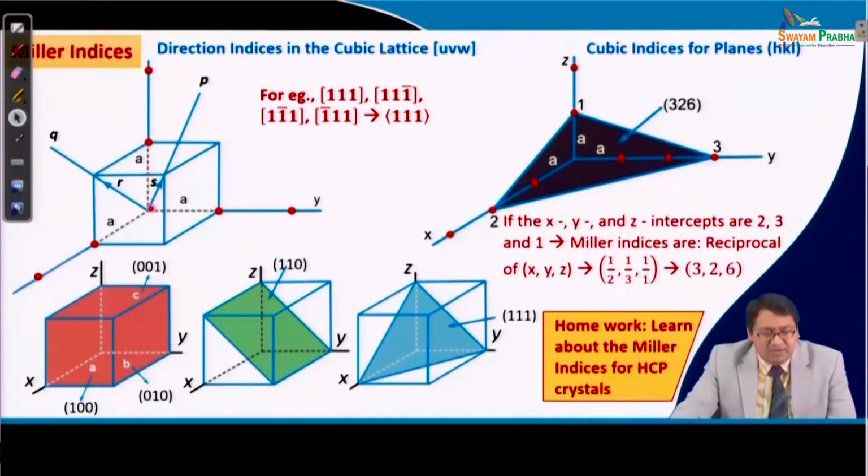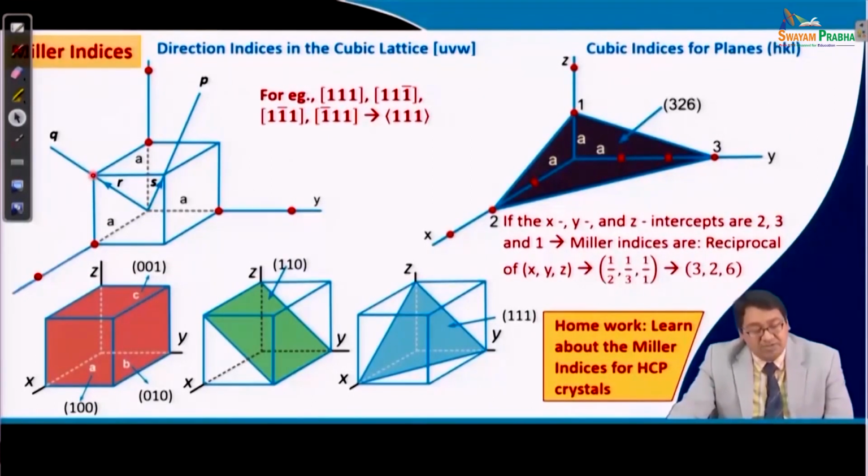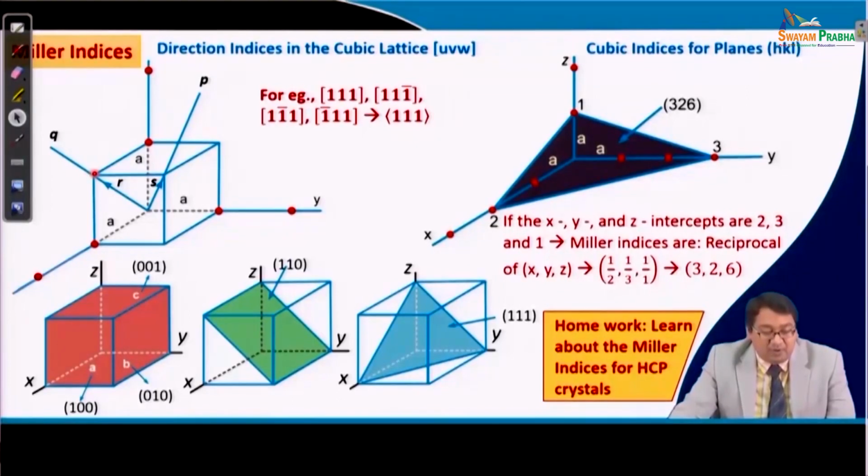Now, you see, if we look at a direction which is q and its unit direction is the r vector, and therefore, you see that it goes straight and it coincides with the corner of the unit cell here, and this corner of the unit cell basically represents that it is at a distance a in the x direction and at a distance a in the z direction.